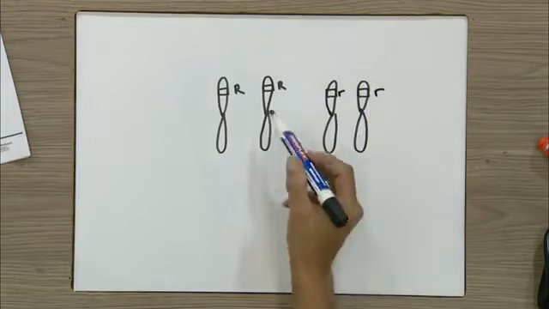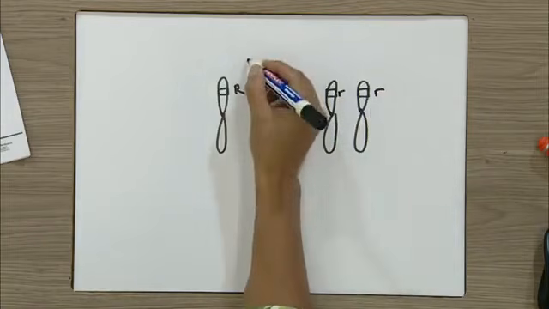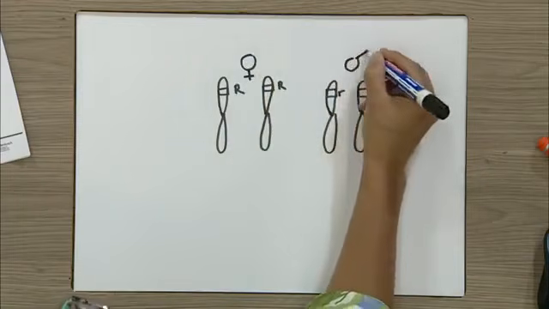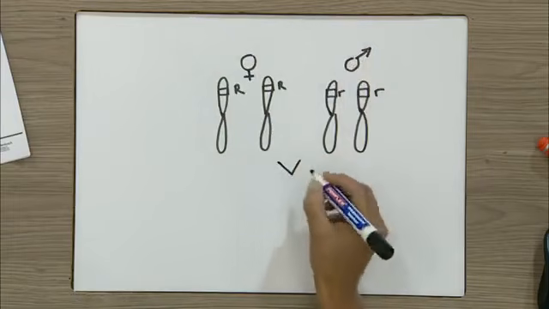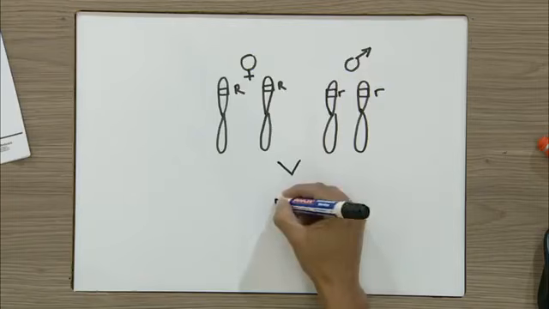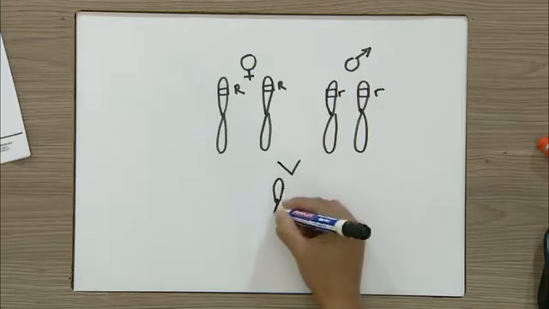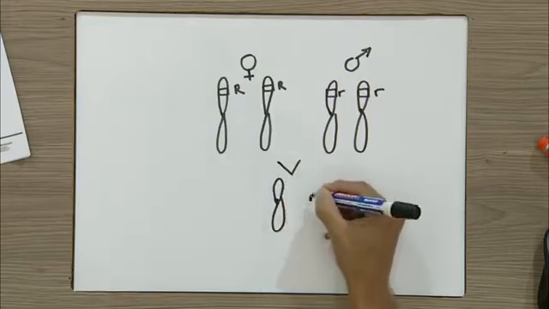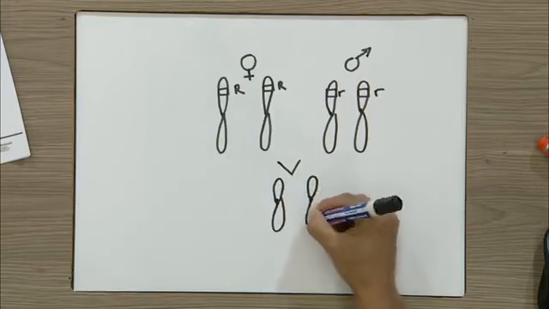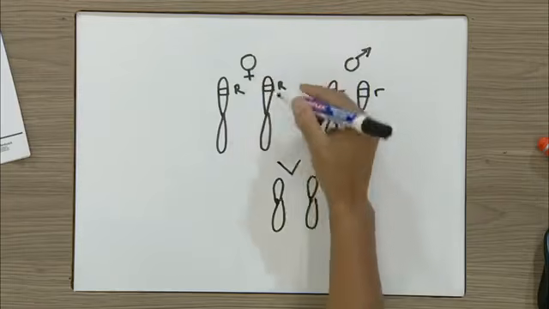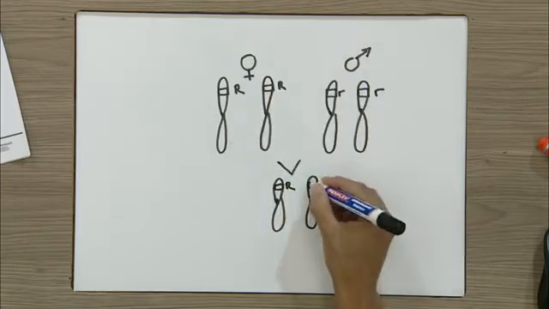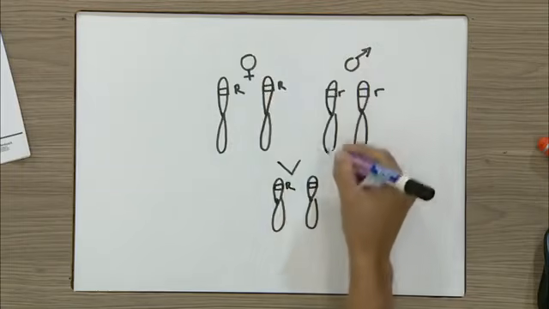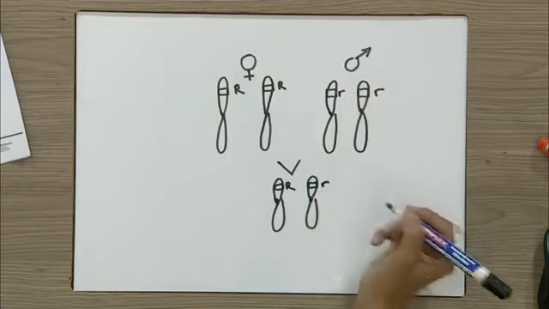Now if these two chromosomes, one from the mother and one from the father, come together in the zygote, we're going to have once again two chromosomes, and then the one comes from the mother, that specific area, that's a capital R, and on the other side the one comes from the father, which is the small r.